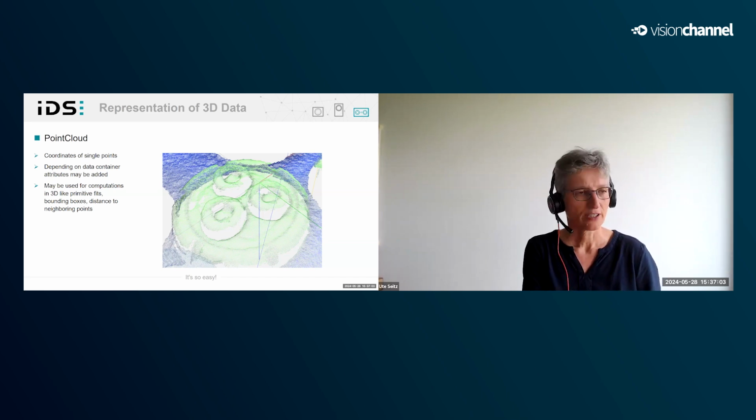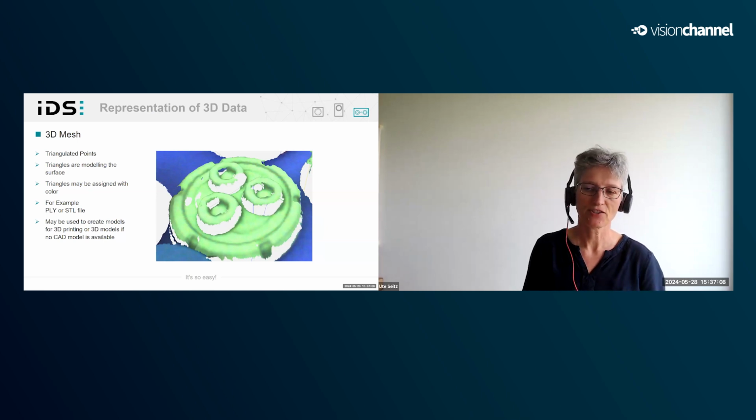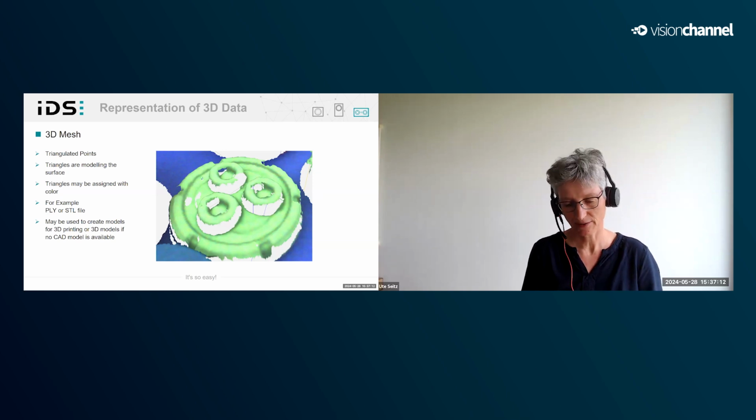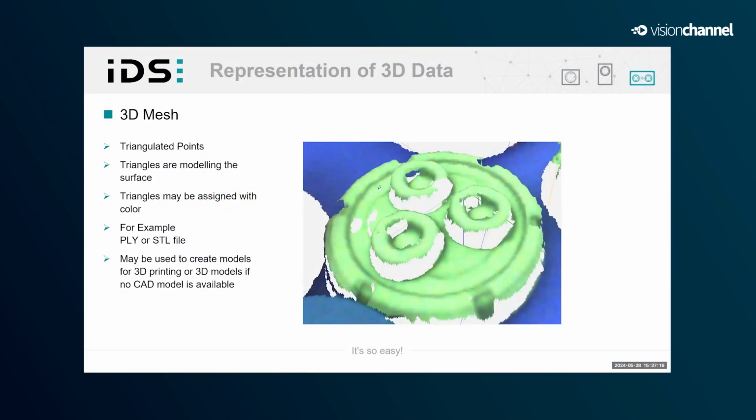The next is the 3D mesh, and this is generated by computing small triangles of 3 neighboring points, and that way you get a surface model.